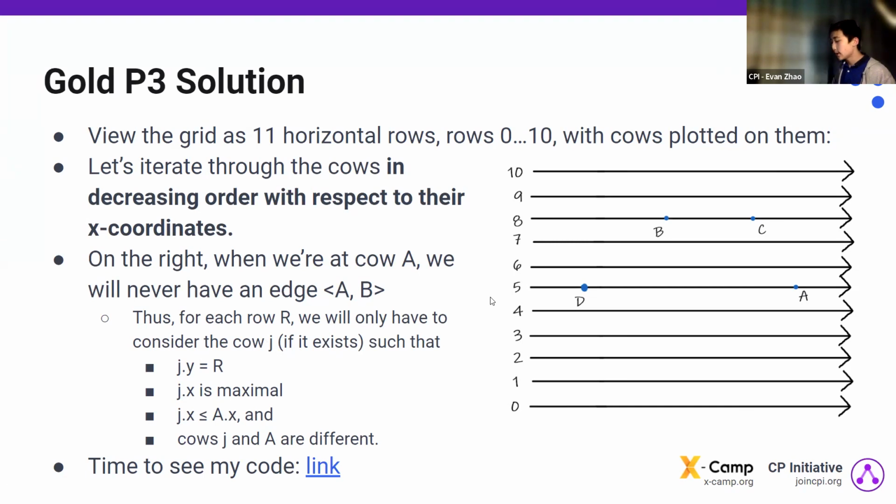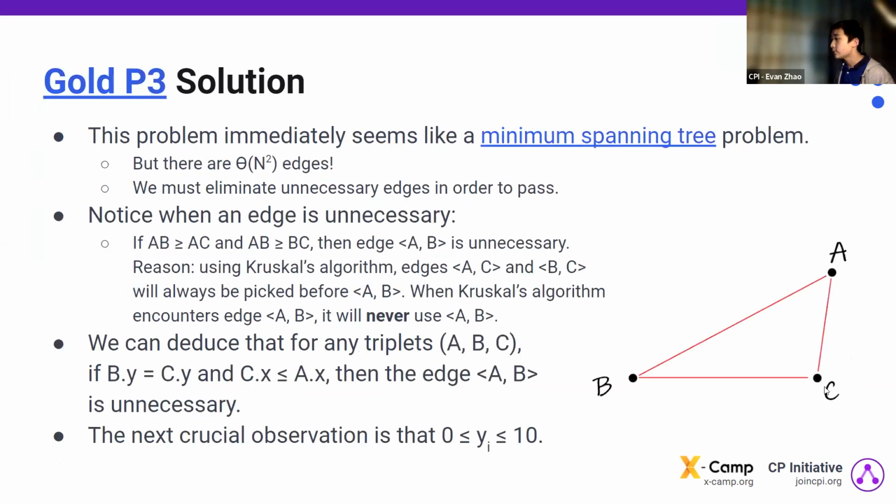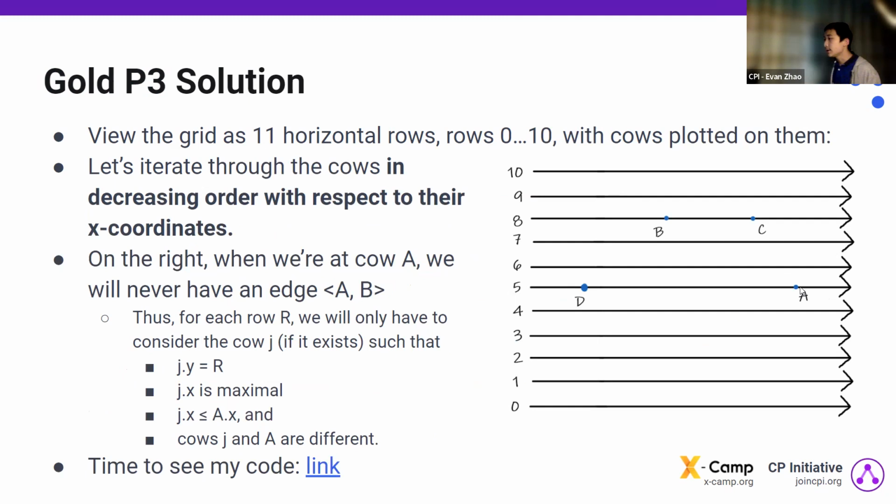Because, like I said here, if we have B and C on the same row, or with the same y coordinate, and A is on the right or on top, or has the same x coordinate as C, then edge AB will never have to be considered. So here we only have to consider the rightmost cow not past A for each row, and we construct an edge for each one of them.